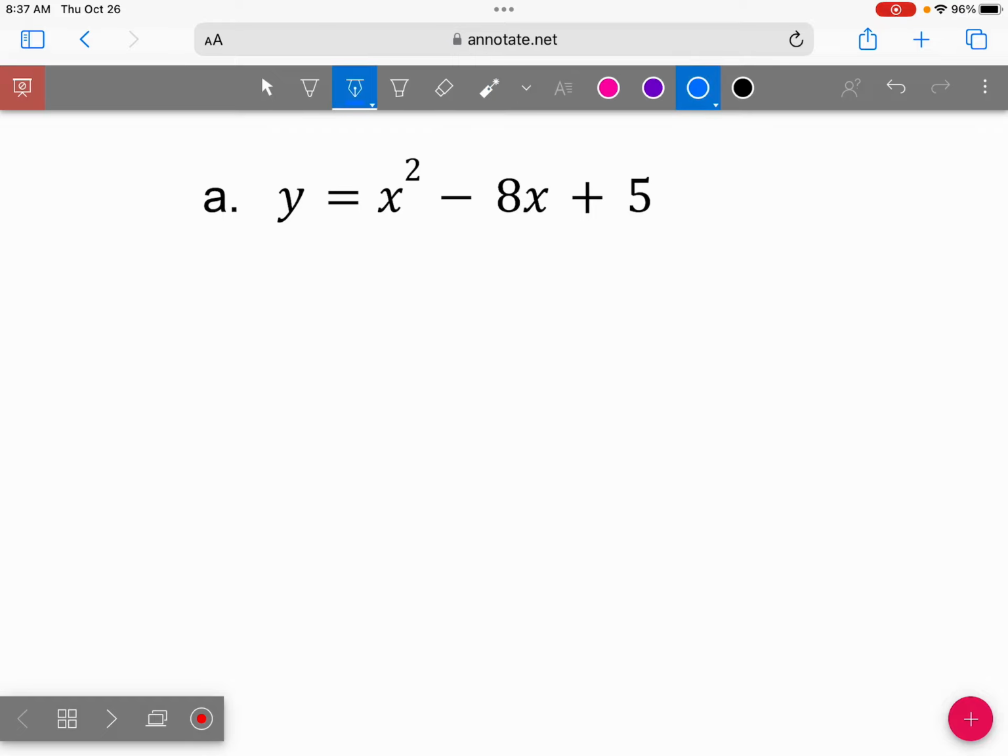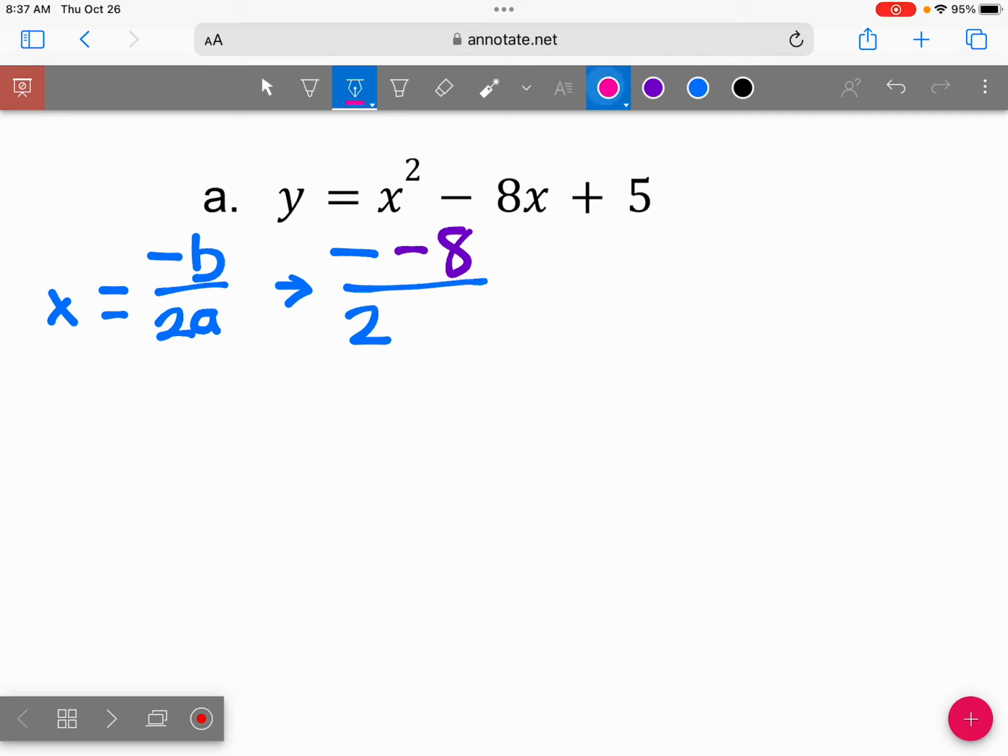So what I'm going to do first is find the x value of my vertex by doing my axis of symmetry. Negative b over 2a. What is my b value in this formula? Negative 8. Over 2 times my a, which is what? 1.